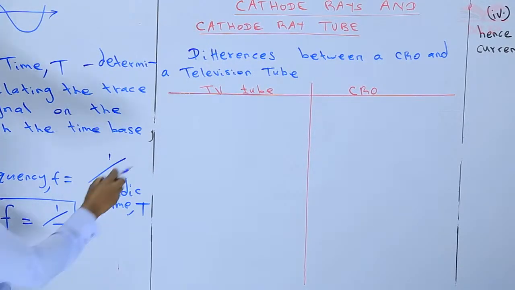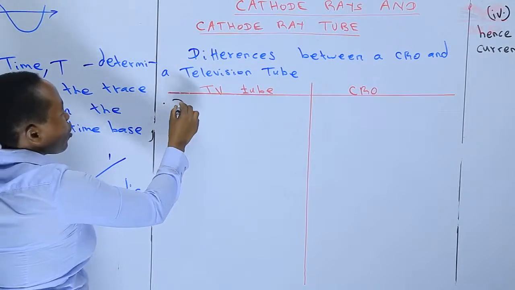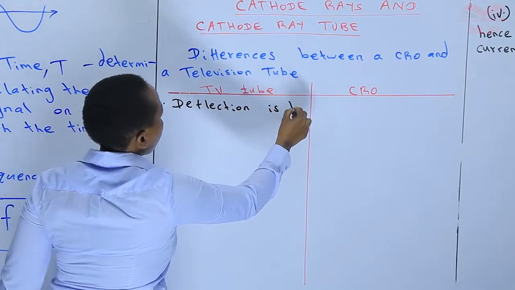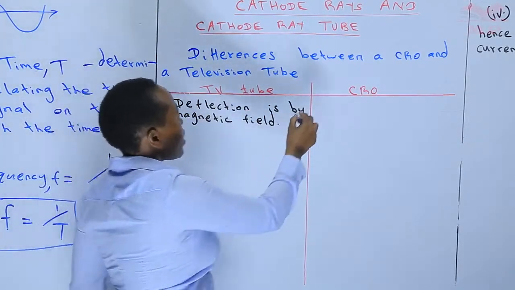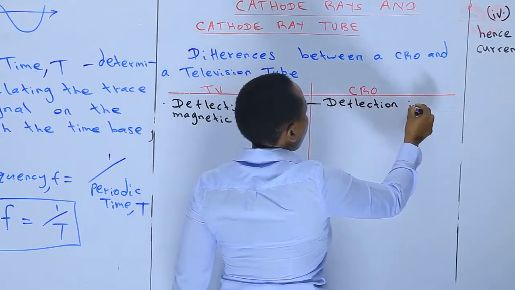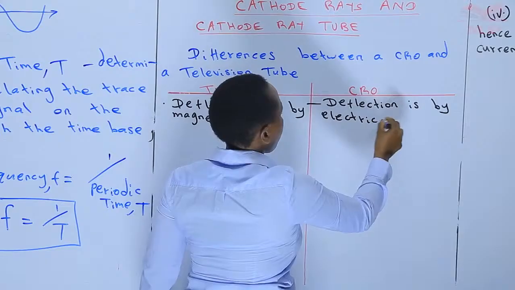So we want to see what are the differences between a cathode ray oscilloscope and a television tube. One of the differences: for a television tube, the deflection is by magnetic field. Whereas in a CRO, the deflection is by electric field.